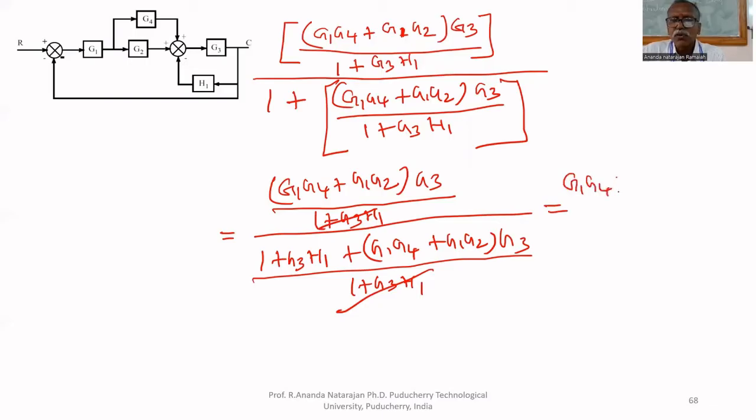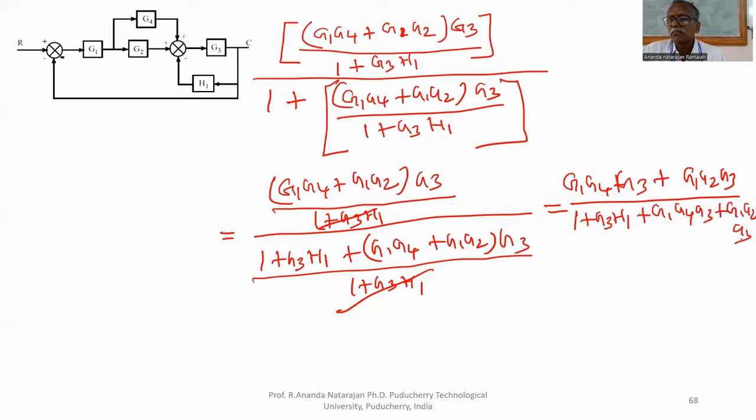Therefore, G1 G4 G3 plus G1 G2 G3 upon 1 plus G3 H1 plus G1 G4 G3 plus G1 G2 G3. So this is the final transfer function. So we simplified.